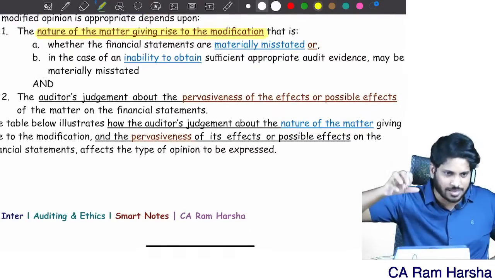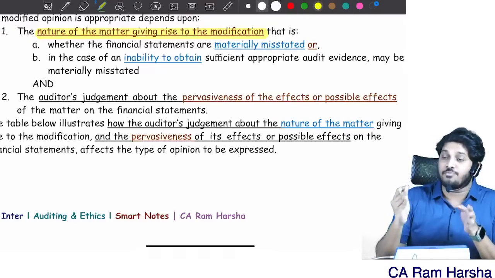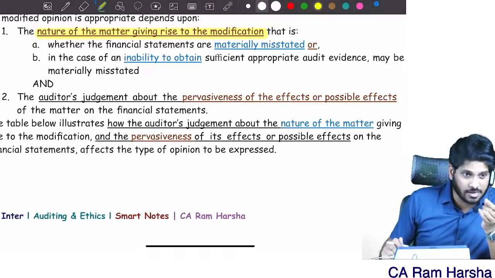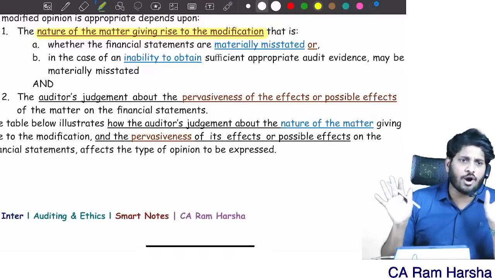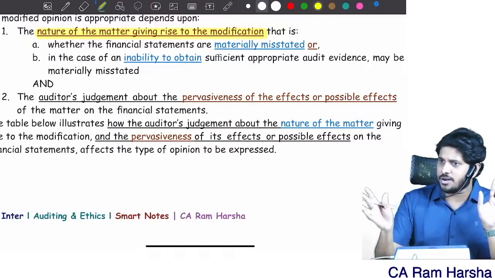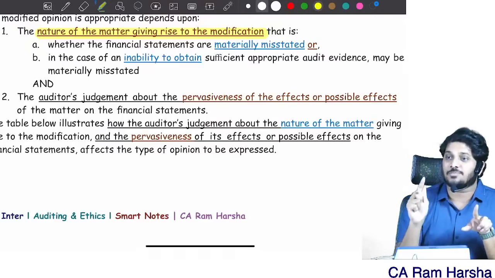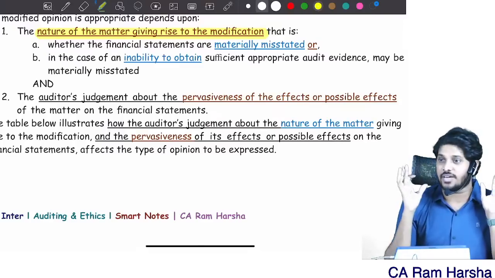Whatever we understood, that we are explaining as an answer. Which type of modified opinion? How do you decide whether to give a qualified, adverse or disclaimer? I know you are not going to give an unmodified opinion. You are going to give a modified opinion. How do you decide which type is appropriate? It depends upon the nature of the matter that gives rise to modification. Why do I want to modify?